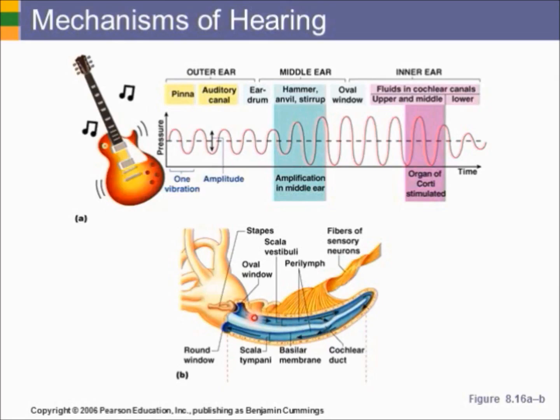As it presses against the perilymph, it's going to press down against this membrane, the basilar membrane. And this is where it triggers those hair cells. So all across here, from the oval window all the way to the end, you've got a whole bunch of little hair cells, all part of the organ of Corti.